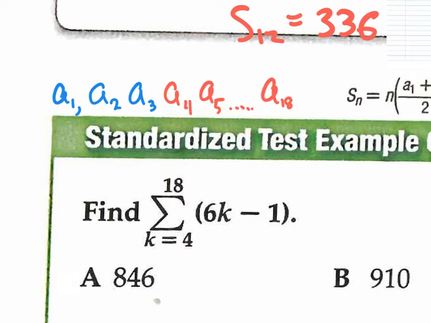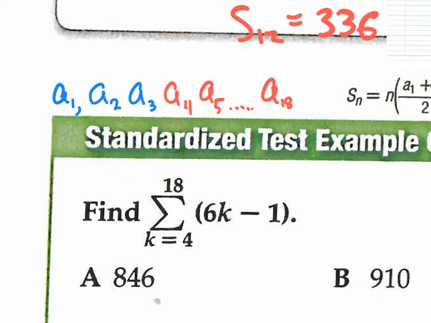Yes. So they don't start at 1. They start at 4. So that's why I put this in red. They start right here at 4. So it's really not 18 take away 4 to find out the number n, how many numbers are in your list. It's actually 18 take away these first 3.